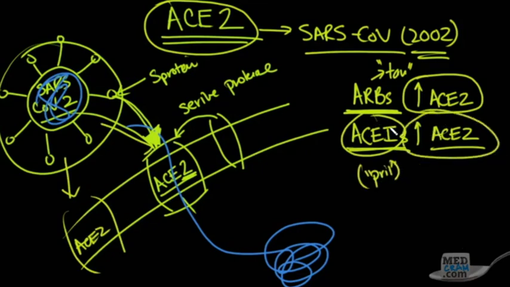Those can also increase potentially your ACE-2 receptors. And so what do we do with patients who are on ARBs and ACE inhibitors? Well, it seems as though people have a higher mortality who have a history of hypertension. And so this has led to a number of articles and a lot of social media to talk about, well, should we get off of our medications that we're taking for high blood pressure?